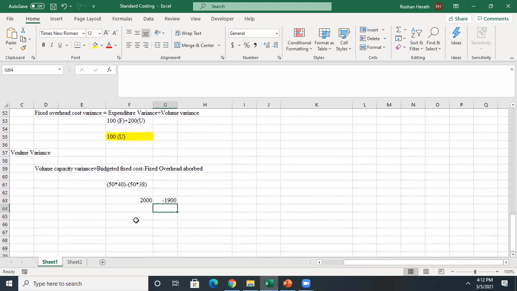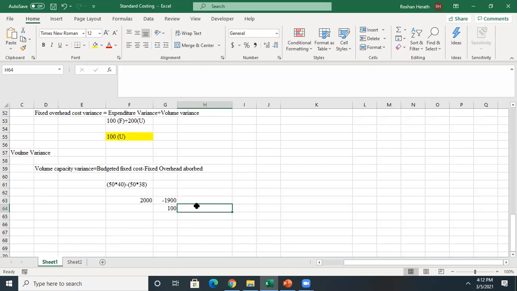Therefore, what kind of variance is that? It's 100. Is it favorable or unfavorable? The volume capacity variance. What do you think? Decide, children. It's favorable. Is that okay?